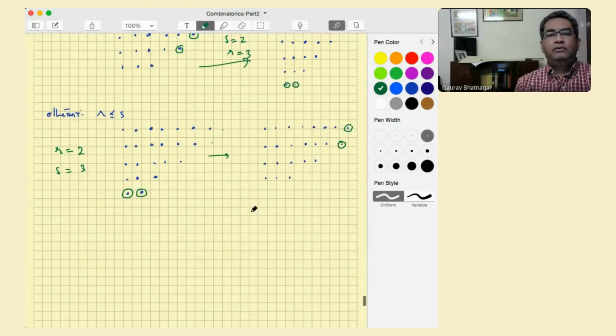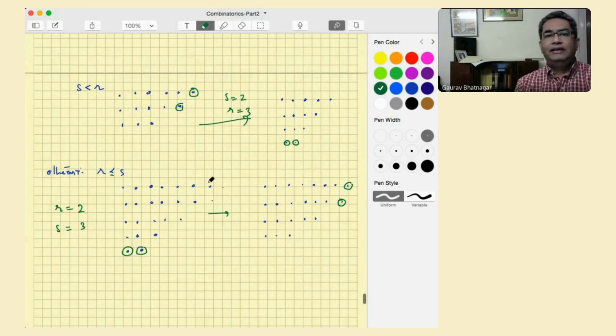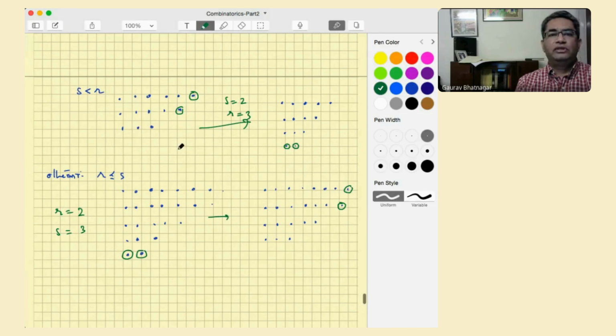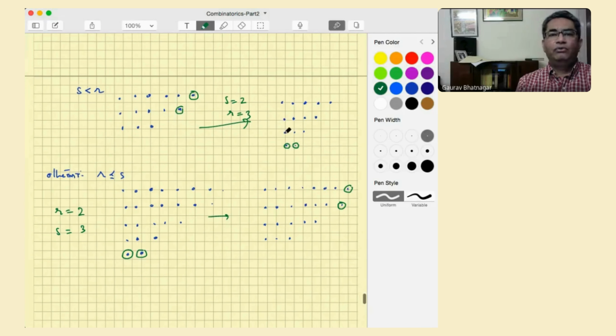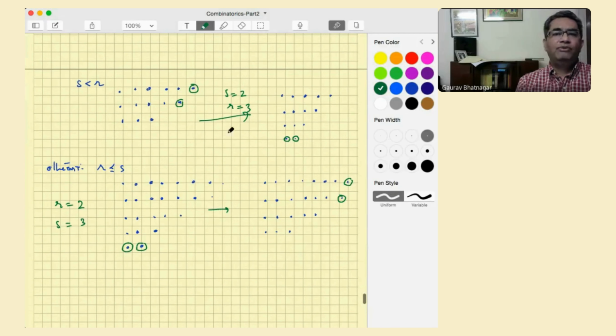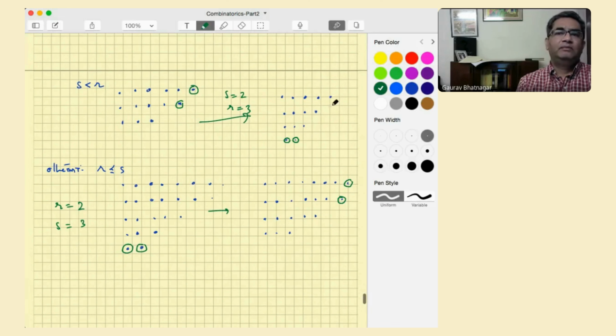Fine. So what happens is that when I bring it, if it was odd, then it will go to even, and vice versa. If you have a smaller one than this guy, here the number of things are 1, 2, 3, 4, so you can bring it over here. So this is an involution.